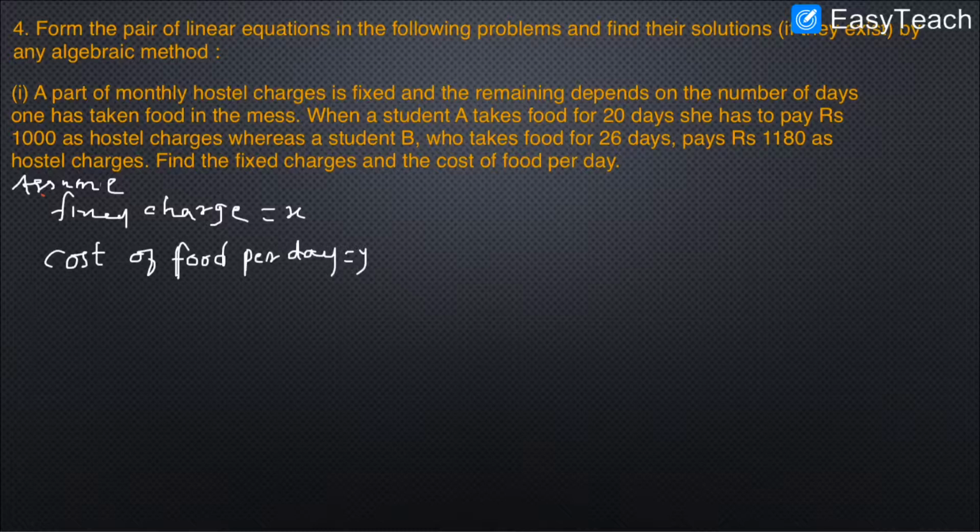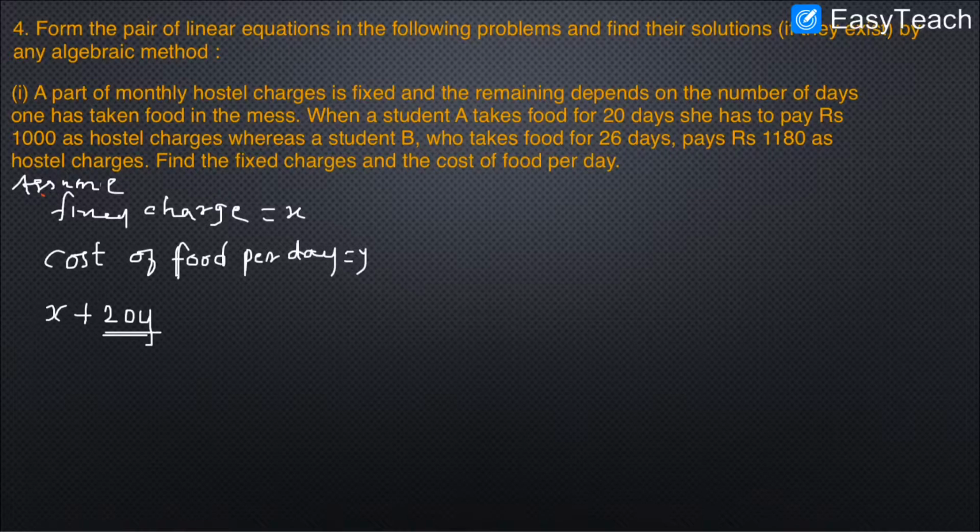So according to that, look at the first situation. A student A takes food for 20 days. She has to pay rupees 1000 as hostel charge. So in this case, see, the fixed charge, the room rent, which is a fixed charge for the hostel, and for 20 days food, 20 days into y, what we assumed for y, the cost of food per day.